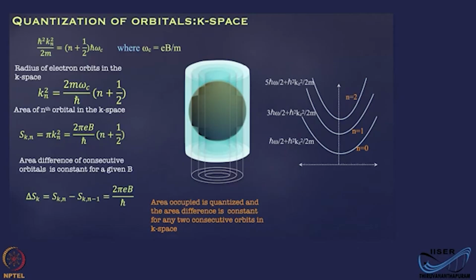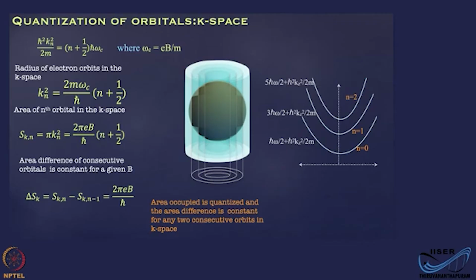Now you have the energy quantized as given by this term here, n plus 1 by 2 h bar omega c. That is the harmonic oscillator energy level, where omega c is the cyclotron frequency.